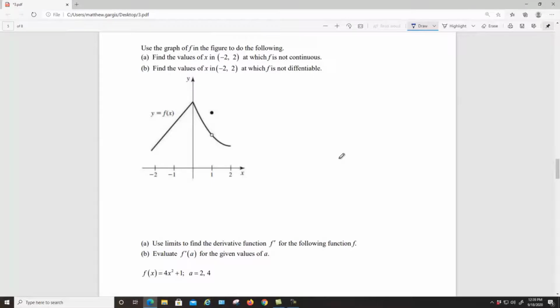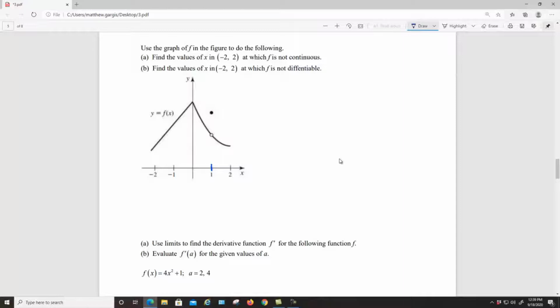Alright, this one says use the graph of f in the figure to do the following. A, find the values of x in the interval -2 to 2 at which f is not continuous. Okay, so it is not continuous at 1 because you've got a hole in the graph there and that point is removed and is up here above it.